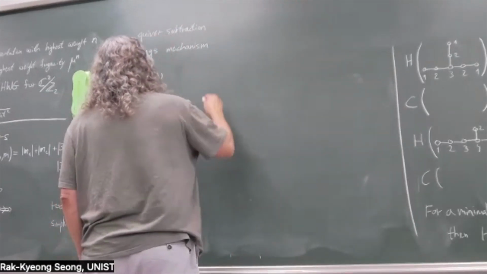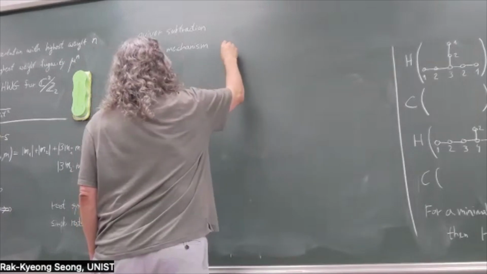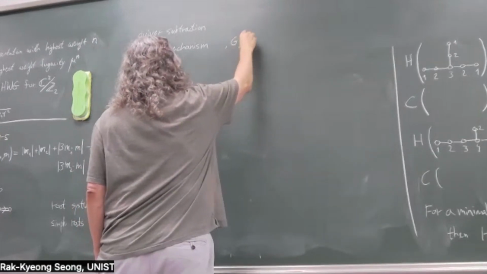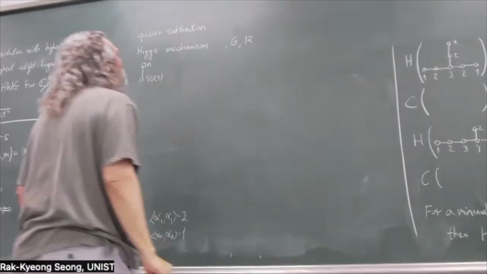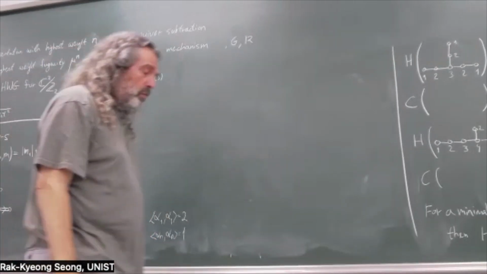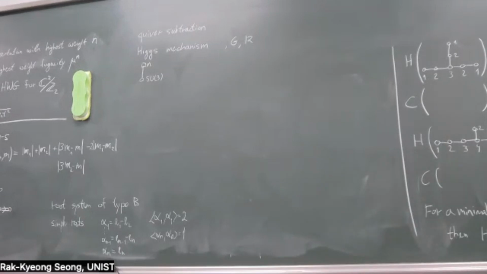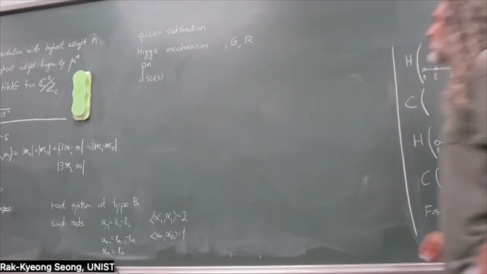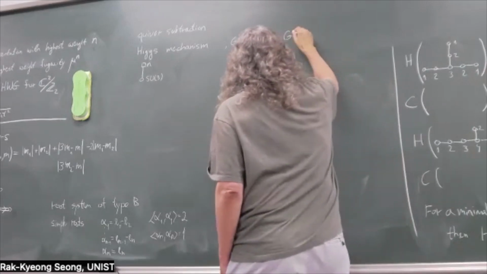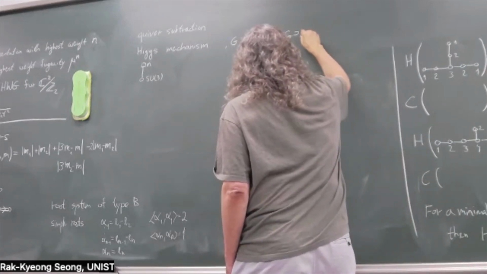It says that if I have a gauge group G with matter R, I could turn on some vacuum expectation value to scalar fields and break the gauge group to a subgroup. But this subgroup doesn't have to be trivial, but there are conditions. So let's suppose that G is broken to a subgroup H.